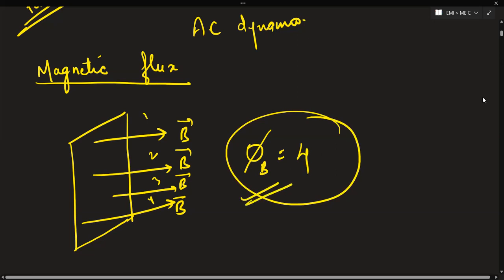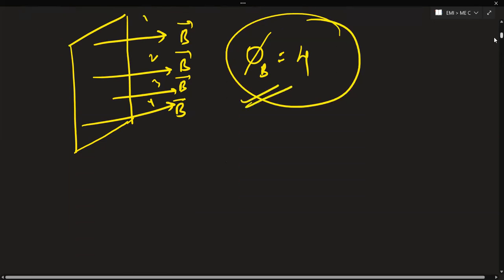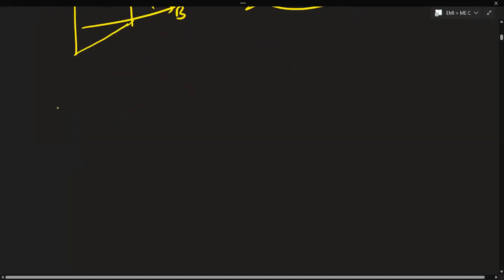First, let me write the definition, then I think it will be clear to others. Magnetic flux is the number of magnetic field lines. See, flux means the same, something that is coming, something that is leaving. So the definition of flux is the same. In the case of electric flux, everything is with respect to the electric field, and in the case of magnetism, everything is with respect to the magnetic field.